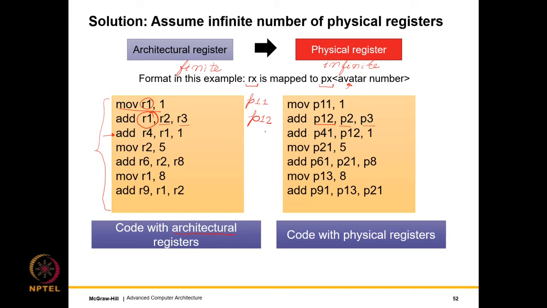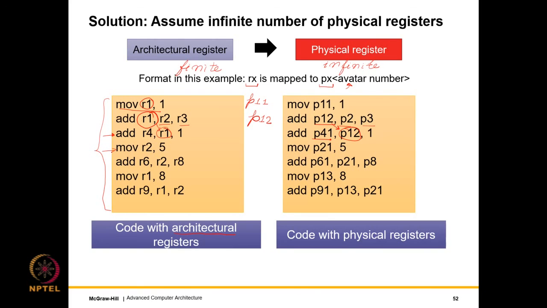So here we are using the value of R1. There is a read after write dependence over here. So for R1 we will use the latest value that has been written, which is essentially the current avatar, and this has been P12. So we use P12 over here. Since we are writing to R4, we create a new avatar of R4, which is P41, and we proceed.